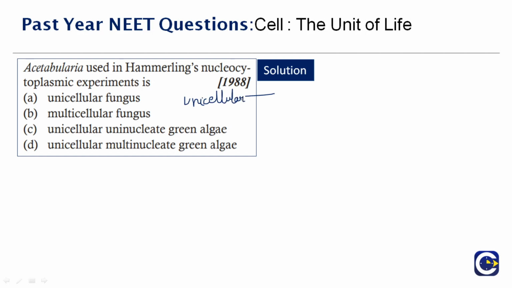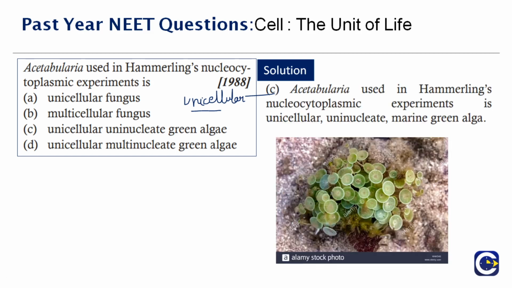Okay, so I've given you the answer partly. So it is unicellular, so it cannot be multinucleate. Very well, you have to understand, when we talk about unicellular organisms here, the nucleus cannot be multinucleate. Therefore, the correct answer comes to option C, unicellular, uninucleate green algae.